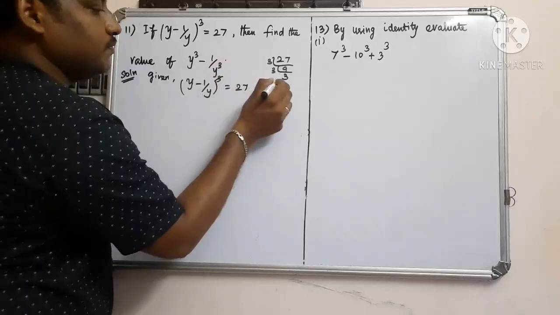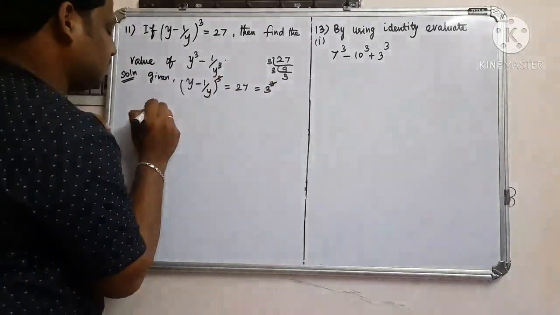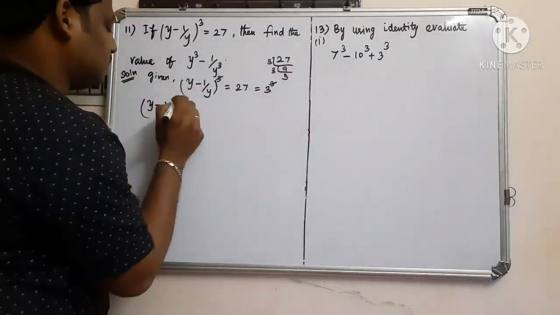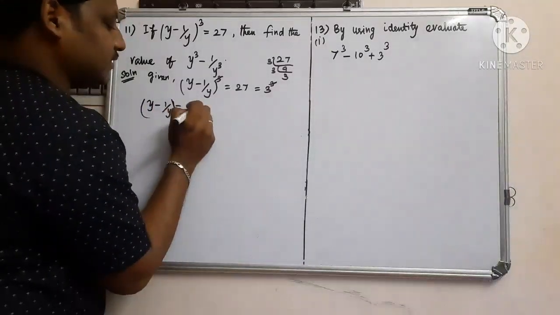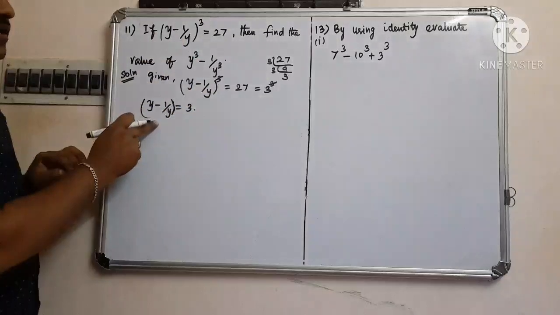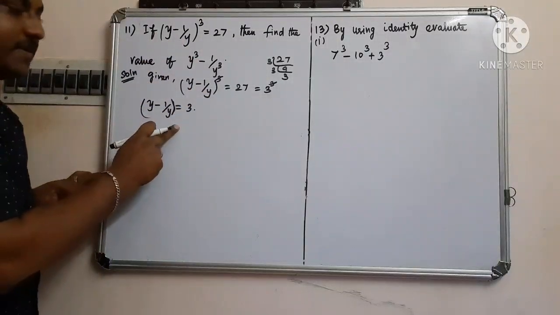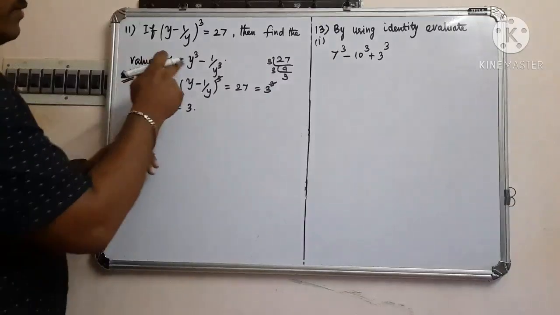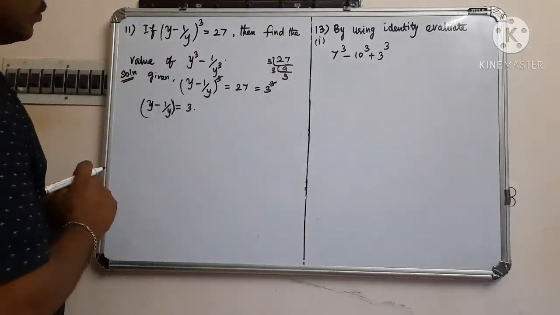So this cube will be cancelled. So y minus 1 by y is equal to 3. From this we find that the y minus 1 by y value is equal to 3. So now we have to find out the value of y cube minus 1 by y cube.